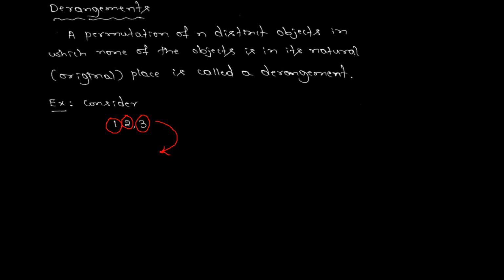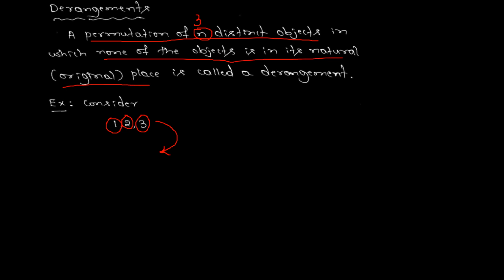Derangement is a permutation of n distinct objects. Here our n is 3 in our example. 3 objects we have taken, 1, 2, 3, in which none of the objects is in its natural place.